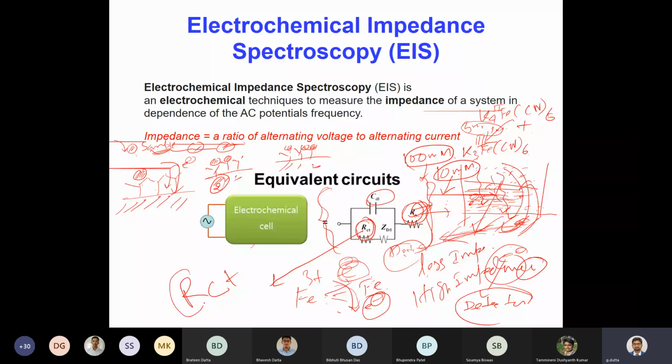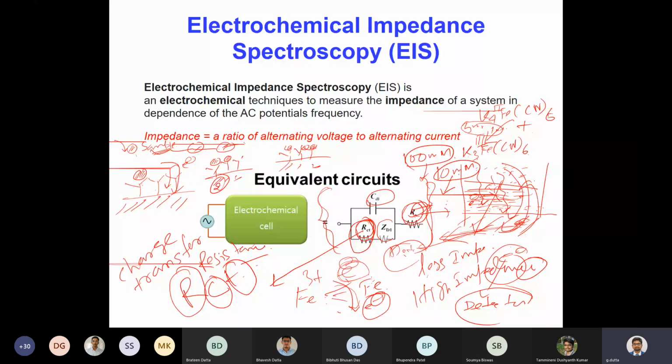R is resistance, C is charge, T is transfer. So RCT is the charge transfer resistance. This RCT value we will measure from the impedance graph.